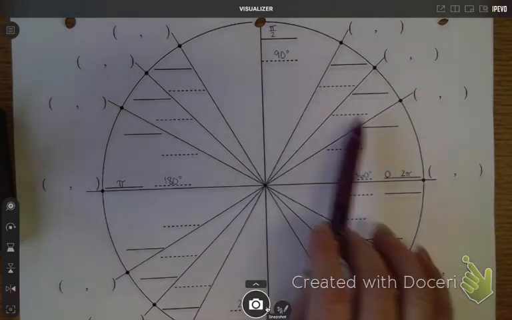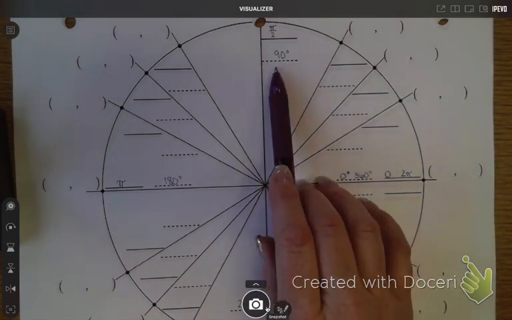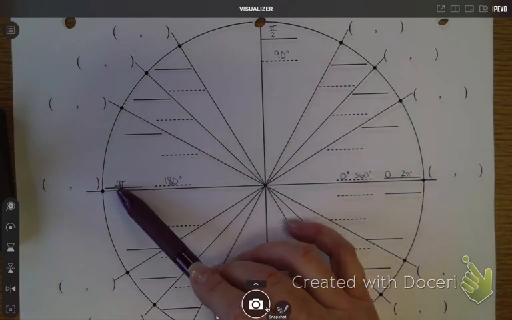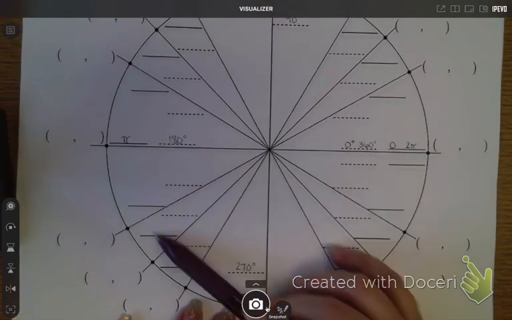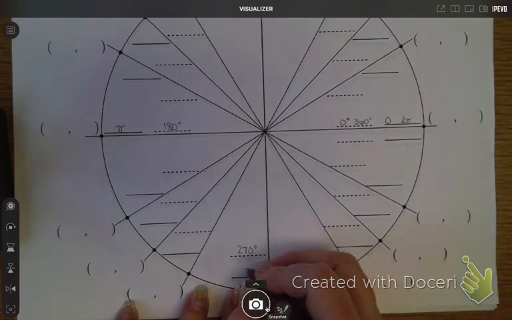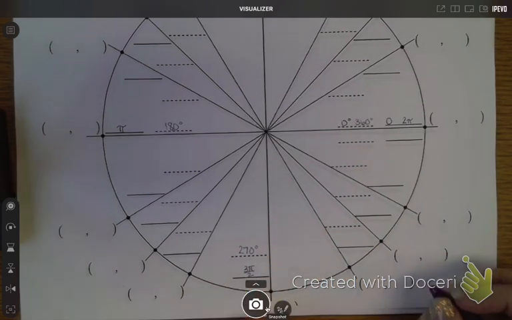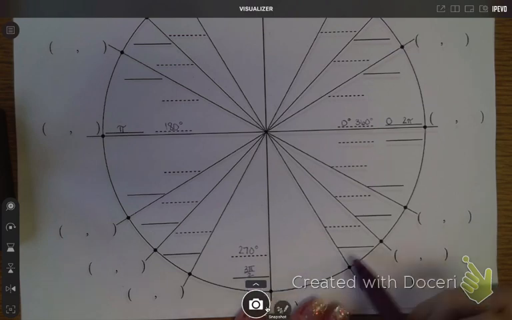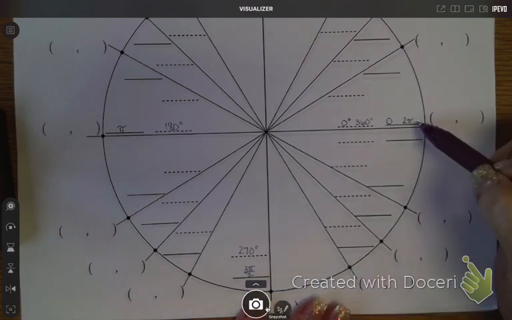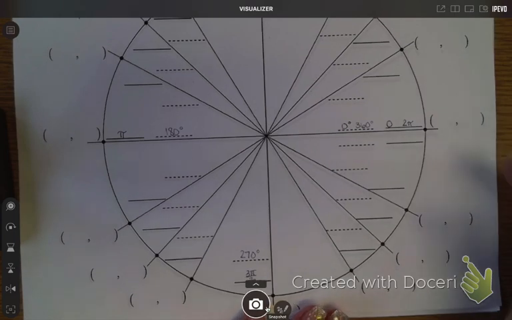So I go 1 pi over 2, 2 pi over 2, which reduces to what? Pi. And then I get 3 pi over 2, and then I get 4 pi over 2, which is what? 2 pi. It's all about fractions, guys.